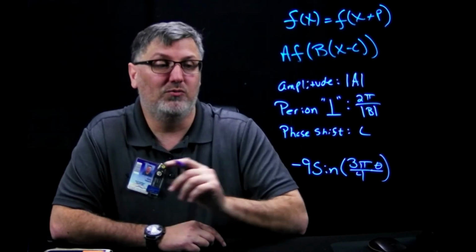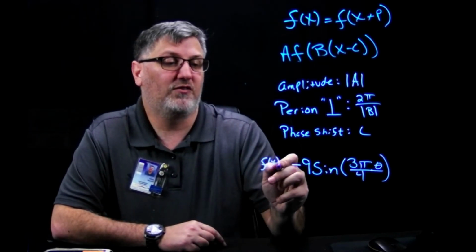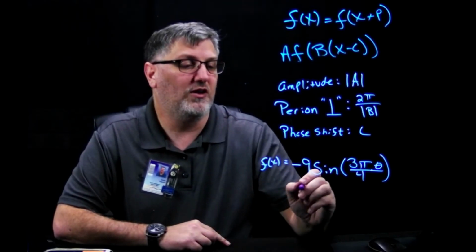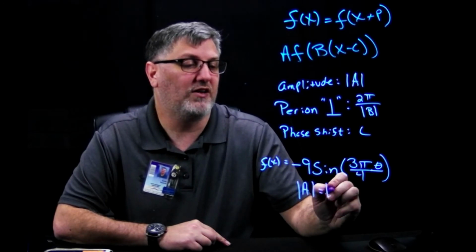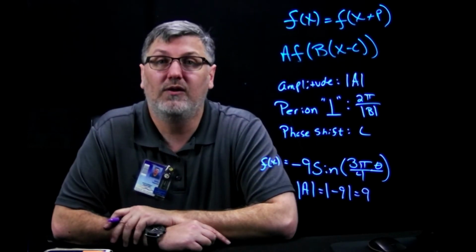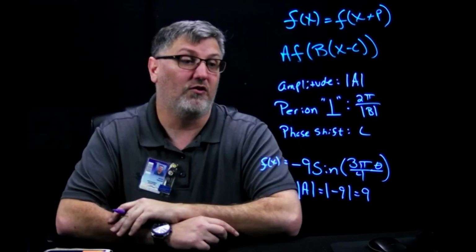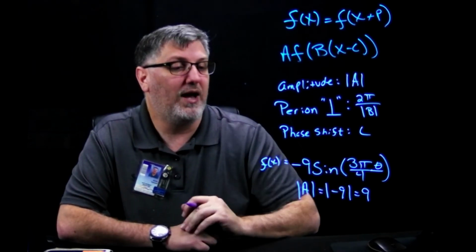And I ask you, what is the amplitude of this wave? Well, the amplitude's really simple. My amplitude is the absolute value of a. My a is -9, so I take the absolute value of -9, and it's going to be 9 units. Whatever those units are, whether it's inches, feet, whatever, it's based on the graph itself or the word problem itself. So that would be my amplitude.